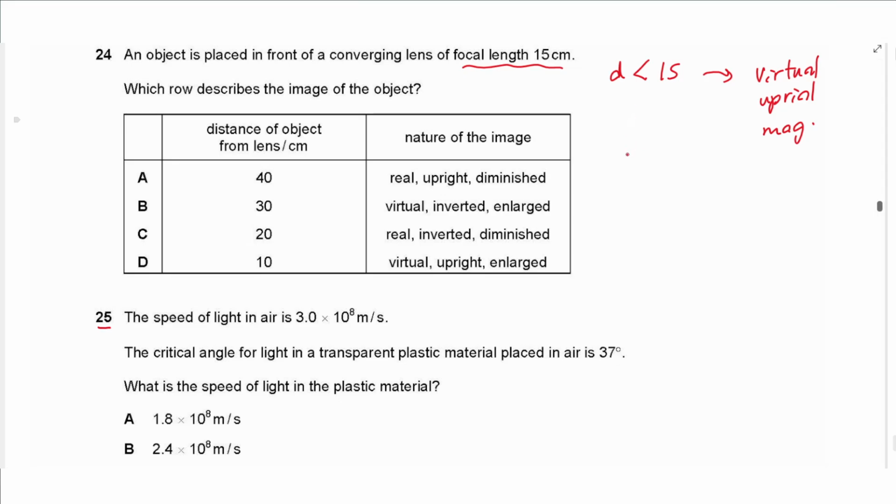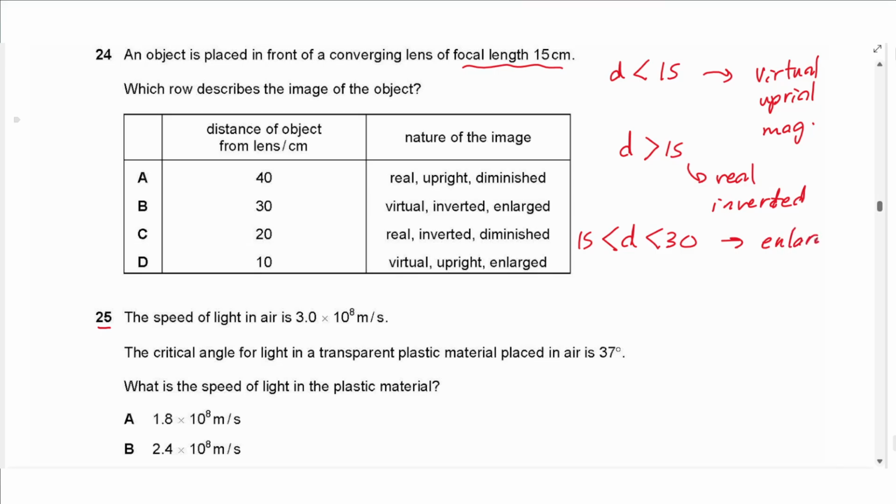If the distance is greater than 15, that's always real and always inverted. If the distance is between the focal length and twice the focal length, so it's greater than 15 and less than 30, this gives an enlarged image and it's still real and inverted.